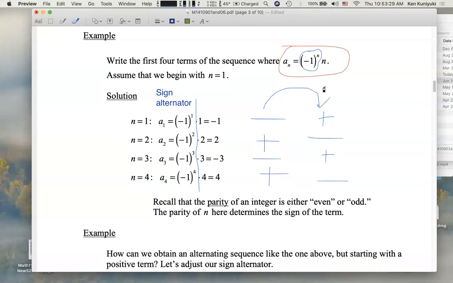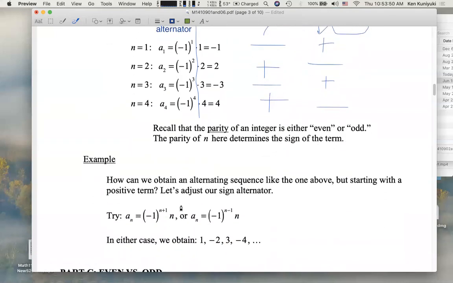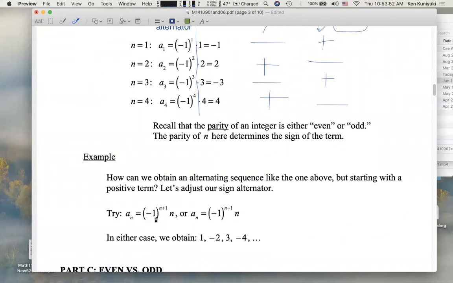You could multiply by -1. What happens when you multiply (-1)^n by (-1)^1? When you multiply powers of -1, you add the exponents. So we can use (-1)^(n+1) times n.